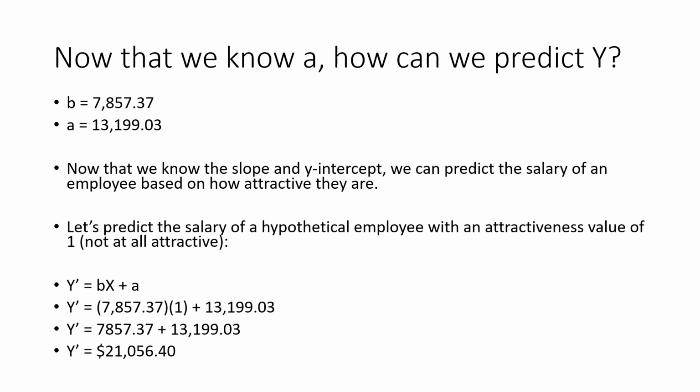And then simply fill in the blanks with the b and the a that we already know. And then you can predict y as 21,056.40. So for an individual who has an attractiveness level of 1, we can estimate using simple regression a yearly income of $21,056.40.